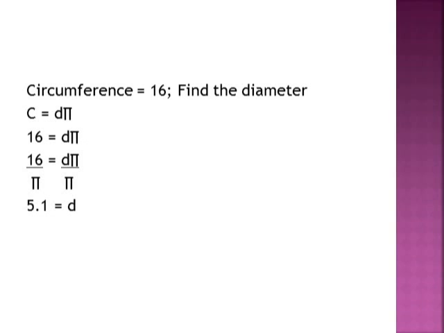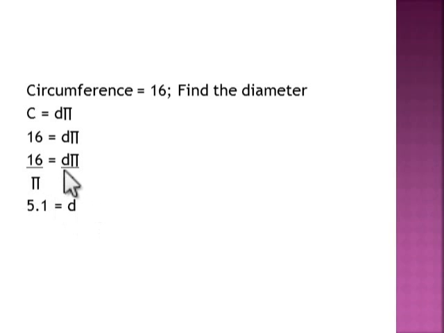So just to remind you from our little bit of algebra that we have studied so far this year, we know that if we are looking for something, all we have to do is undo whatever's with it to figure out what it is. Okay, so this diameter, which is what we're looking for, find the diameter. This diameter is being multiplied by pi. So if we divide by pi on both sides, we'll find the diameter.